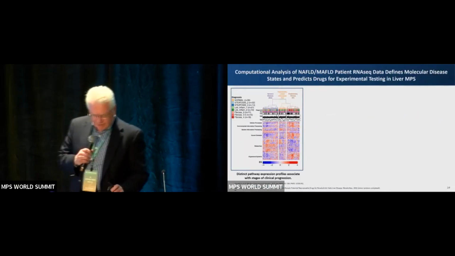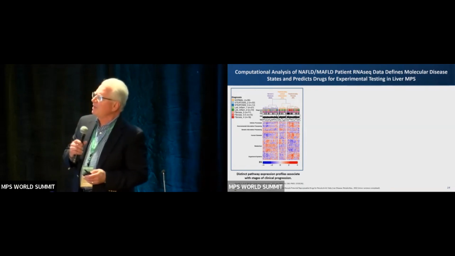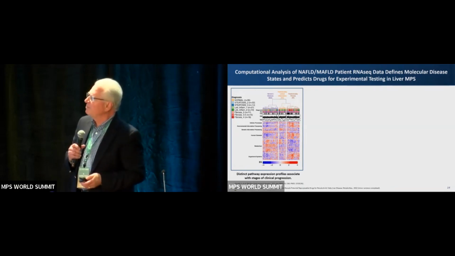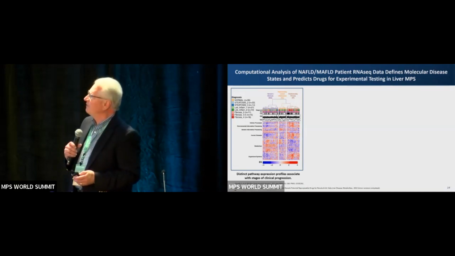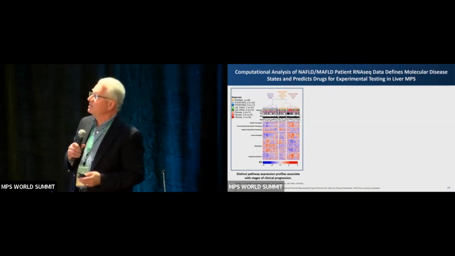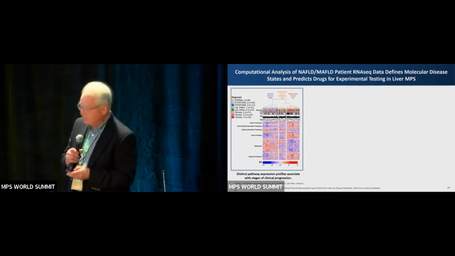So this is kind of the QSP part of this. And we've done computational analysis of NAFLD patient RNA-seq data. And we've been able to define the molecular disease states and then use that to predict drugs for experimental testing within the liver MPS.